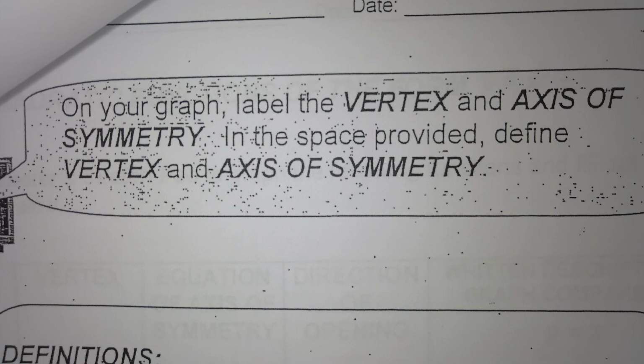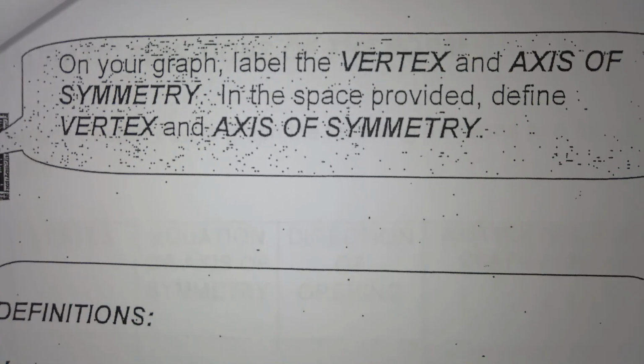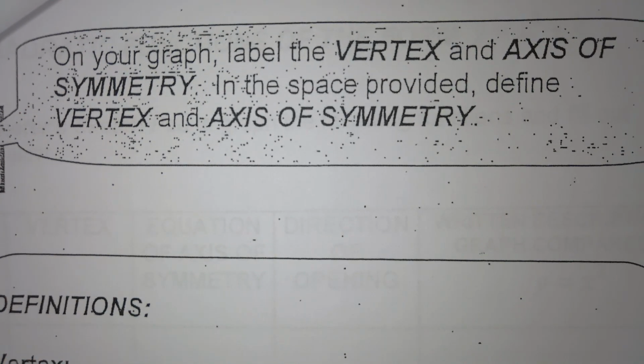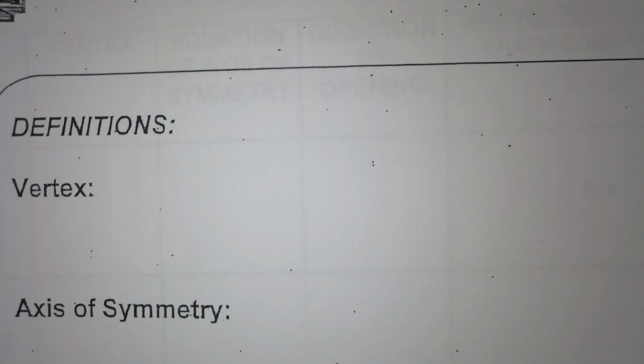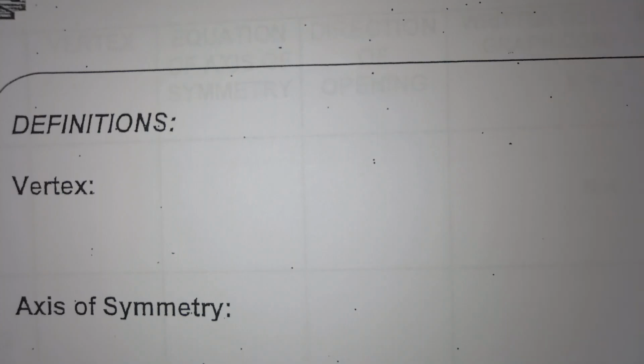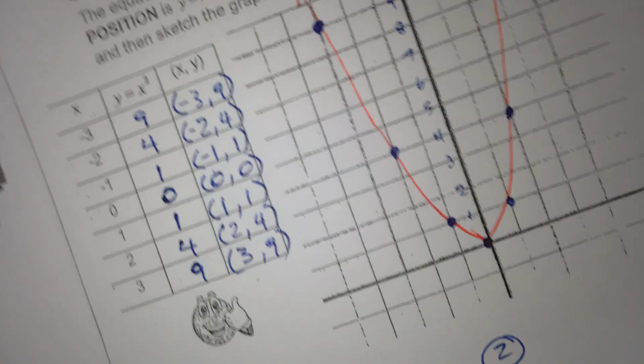Different. Okay, so on your graph, label the vertex and axis of symmetry. Let's figure out what the vertex is. Looking at that graph, I wouldn't say corner.